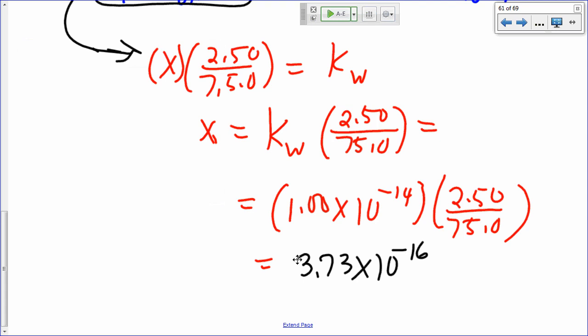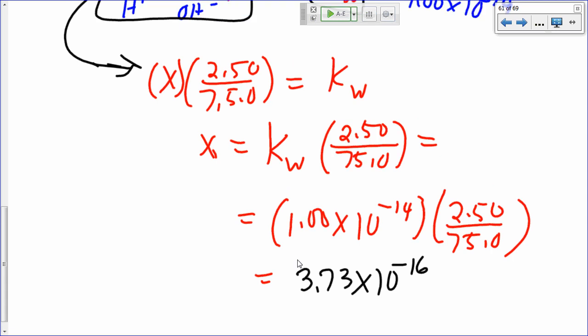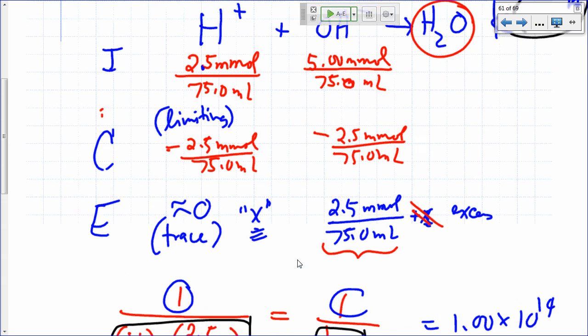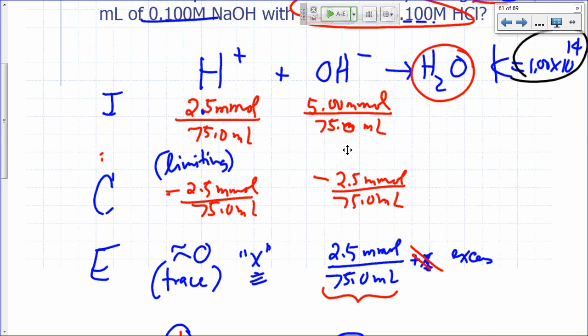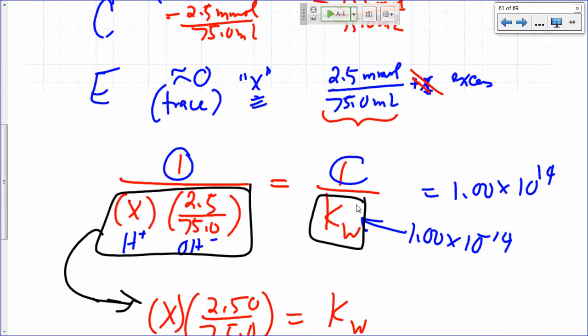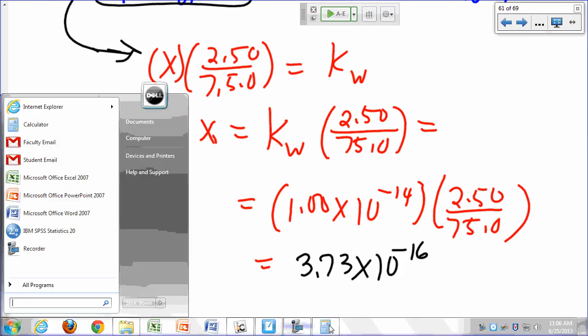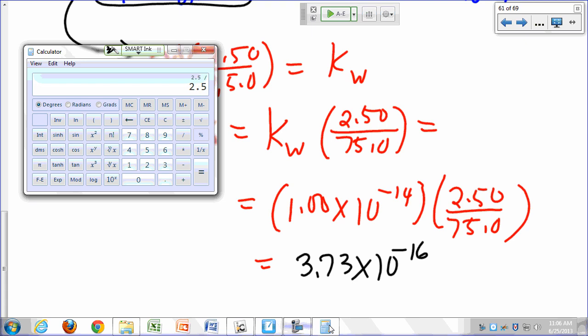Is that right? We have 2.5 millimoles out of 75 mL. So 2.5 divided by 75, 0.03 concentration.